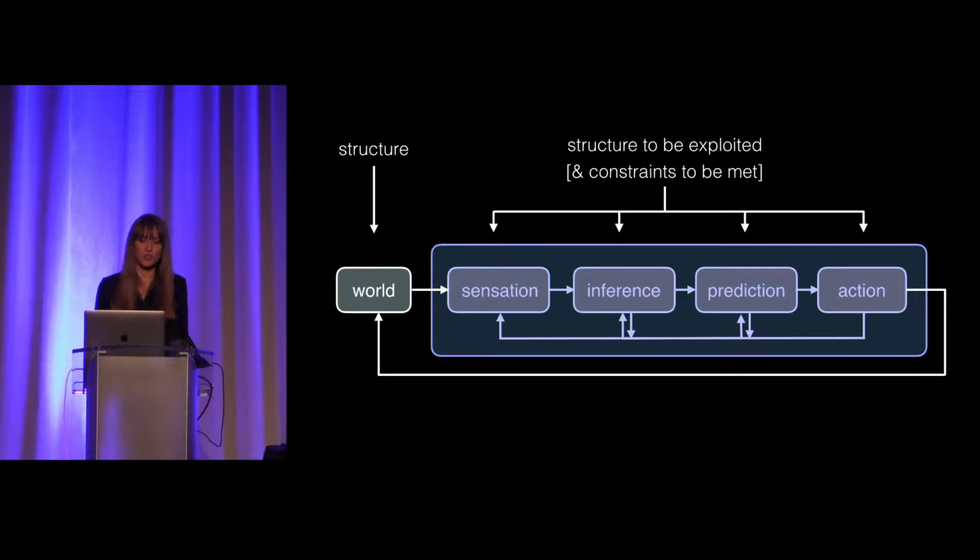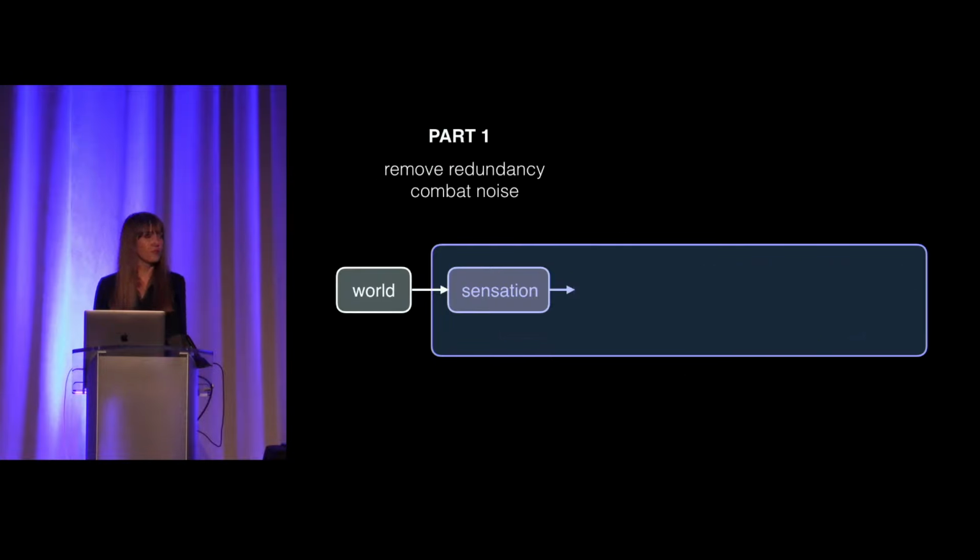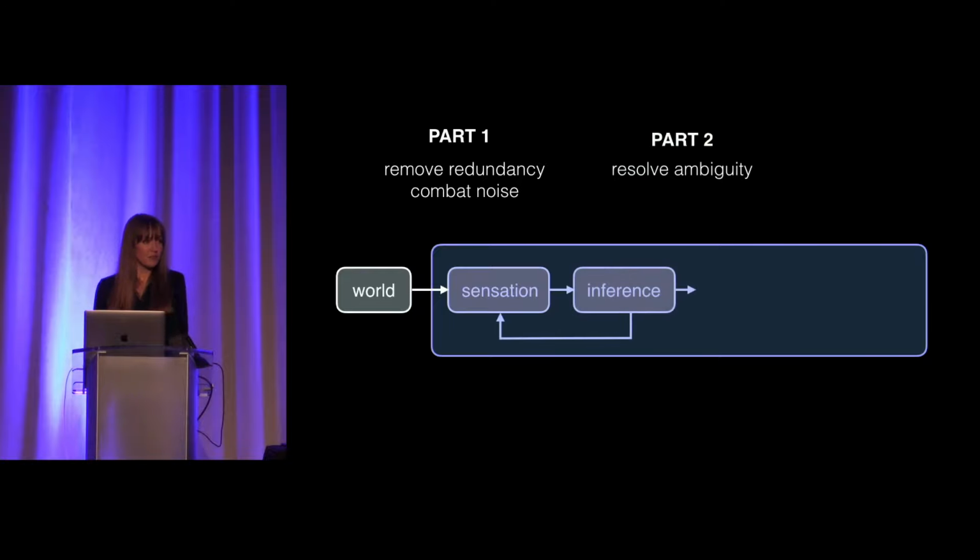And so I'm going to break the rest of the lecture into a few different parts. We're going to start by diving into the sensory processing side of things, and think about how sensory systems can remove redundancies that are in the world and combat noise. Then in part two, we're going to think about how this sensory information can be used to guide inferences, so to infer things that are unobserved about the world.